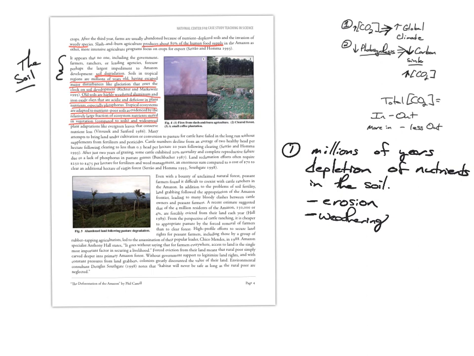Now, a quick question is why is the tropical rainforest such an exception as opposed to, let's say, the soil here in Ohio? Well, the simple answer is that the soil in Ohio has been impacted by glaciation. Now, what is glaciation?